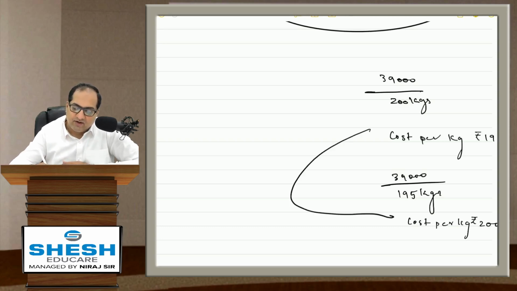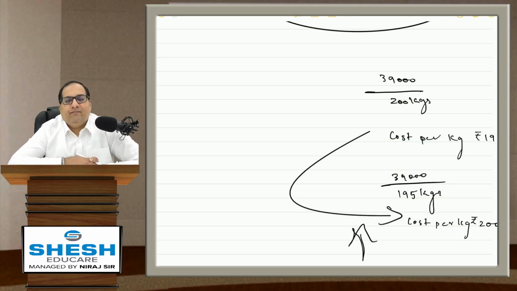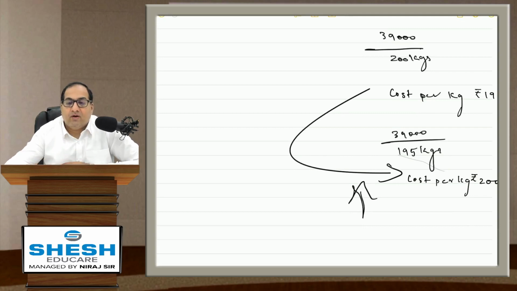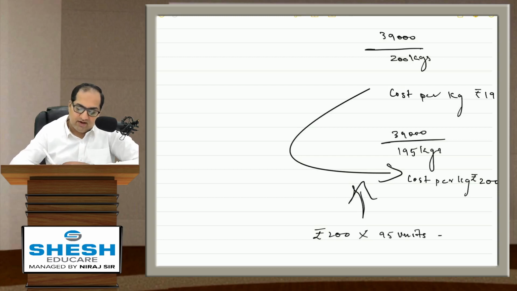That's how your cost per kg with normal loss will increase. So it is not going to be 195 per kg multiplied by the quantity unsold, that is 95 units, but it's going to be 200 into 95 units unsold, right? And not 195 into 95 units unsold.